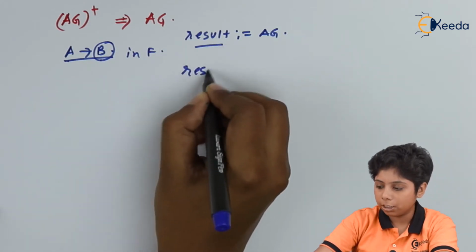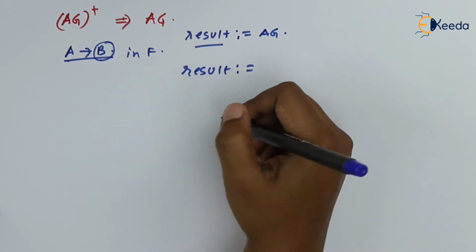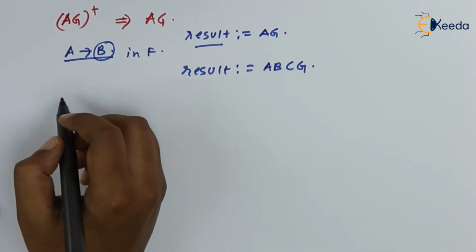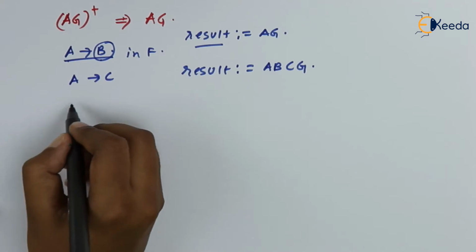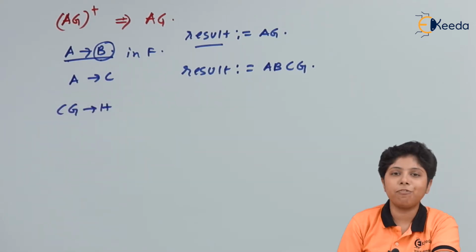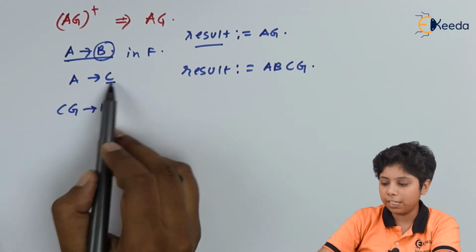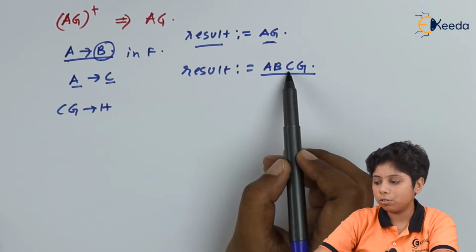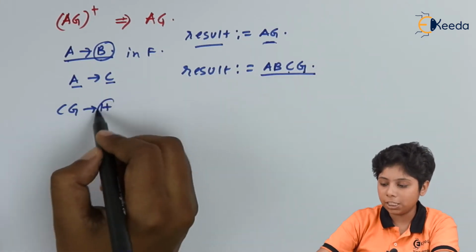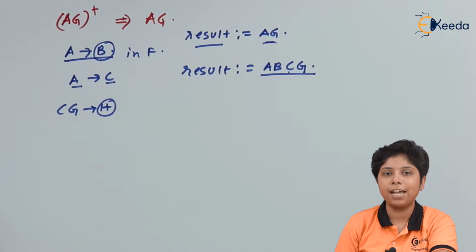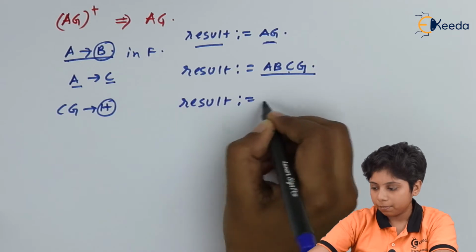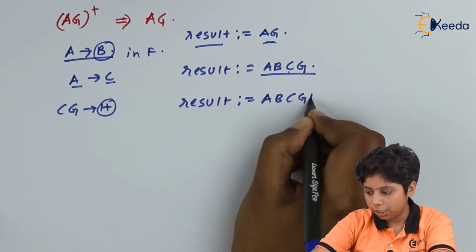So now my result has A, B, C, G. Now let us perform this one. CG defines H. As we have C and G in the result set ABCG, CG defines H means H will be added as a union with this attribute set. So now my result set becomes A, B, C, G, H.